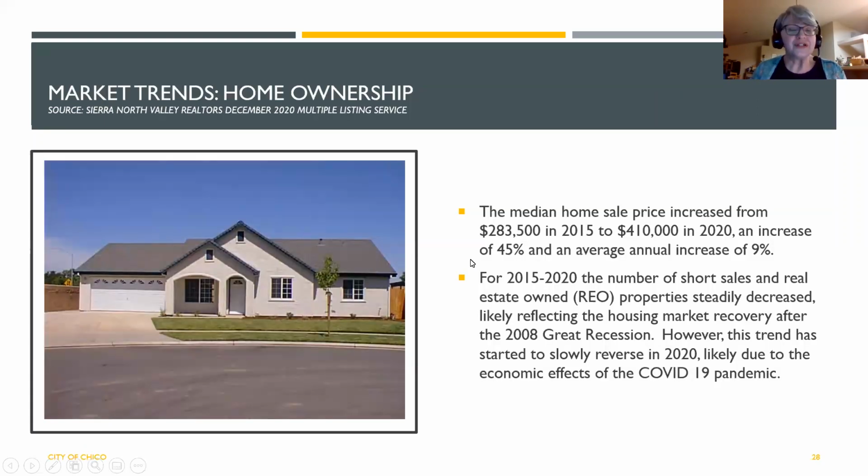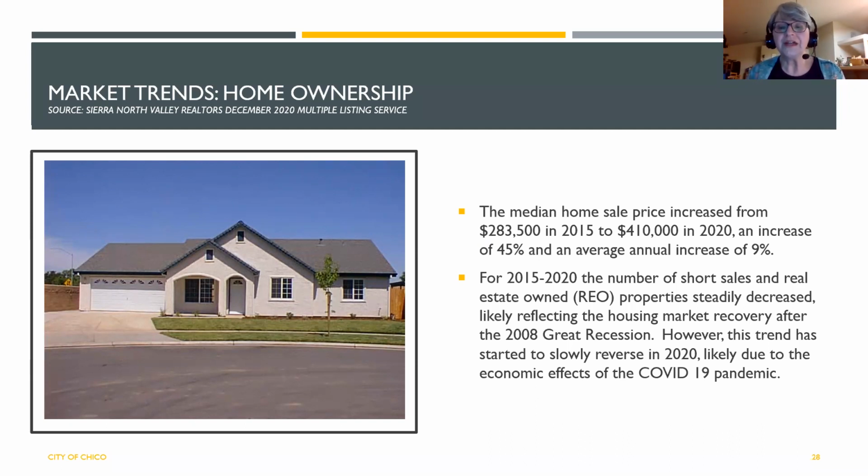In terms of market trends with home ownership, the median home sale price in Chico increased from $283,500 in 2015 to $410,000 in 2020, which is an increase of 45% and an average annual increase of 9%.